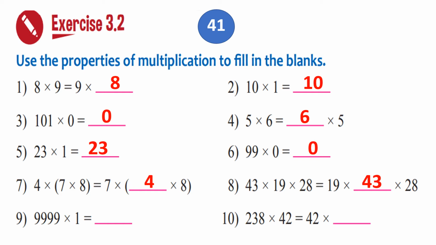Number 9. 9,999 times 1. The answer is the same, 9,999. Next is number 10. 238 times 42 equals 42 times what number?